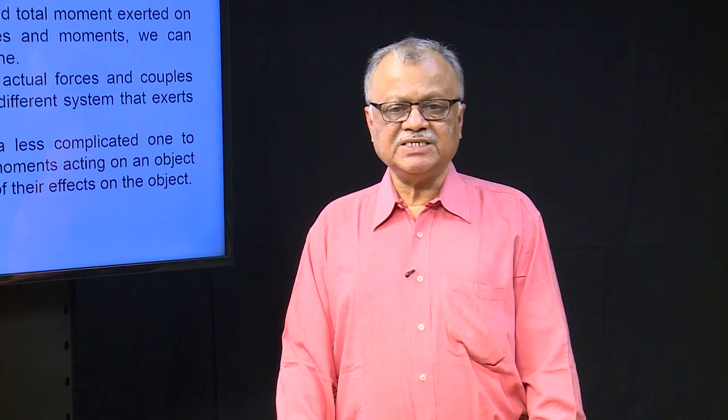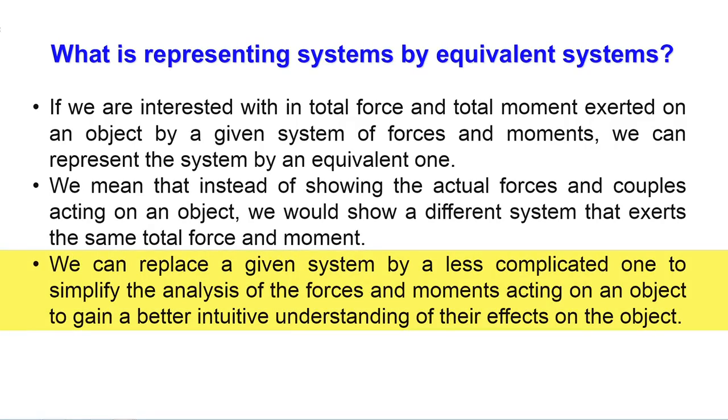So, we can replace a given system by a less complicated one to simplify the analysis. If we can find an equivalent system which is much simpler, then the analysis will be much easier. That is why we are interested in representation of a system by equivalent systems.